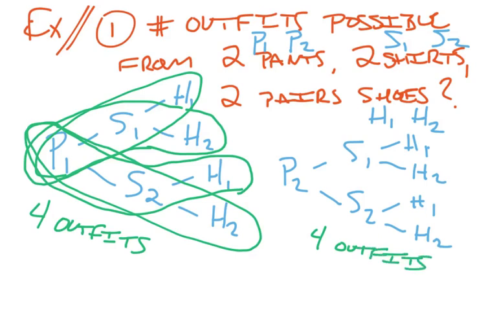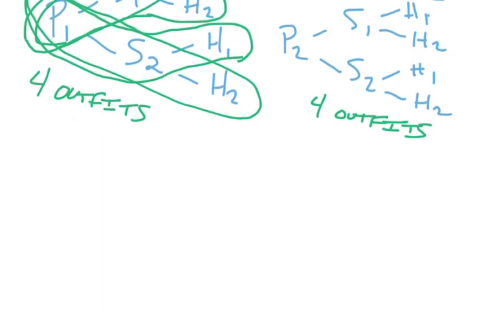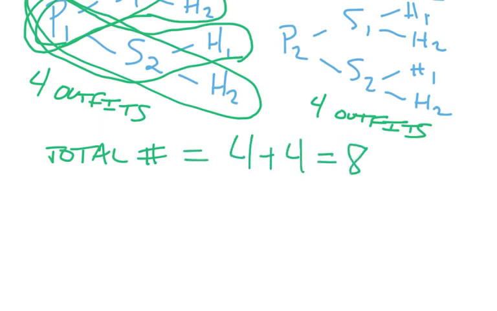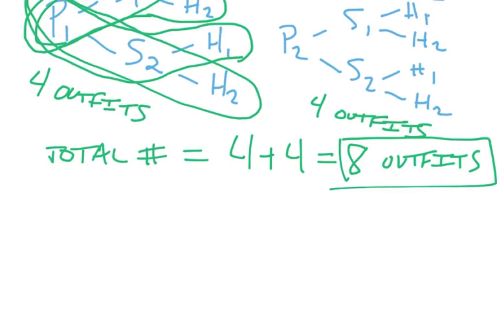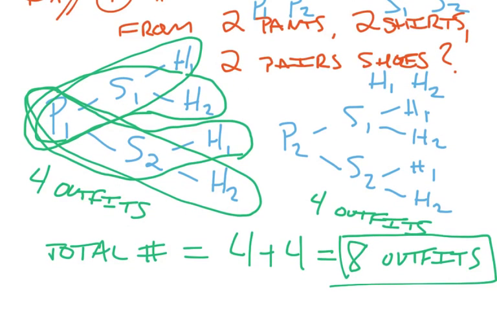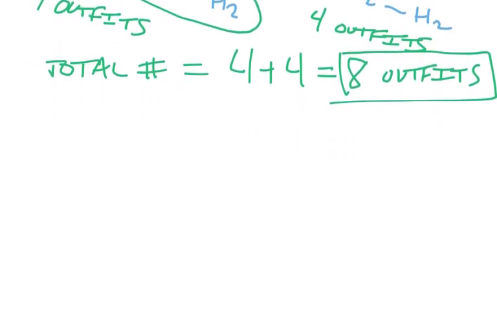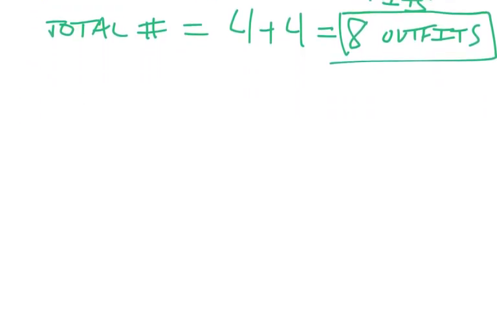All right, so the total number of outfits is 4 plus 4, which is 8 outfits, from the options you have available to you, which is 2 pairs of pants, 2 shirts, 2 pairs of shoes. That gives you 8 total options.